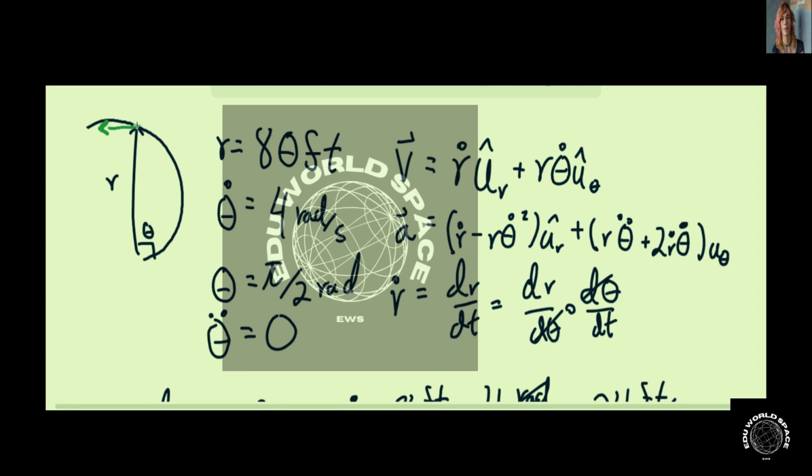U theta is going to be like that, and U R is going to be like that, so that we have about that for V, just the vector V.